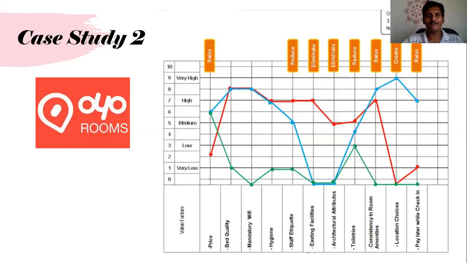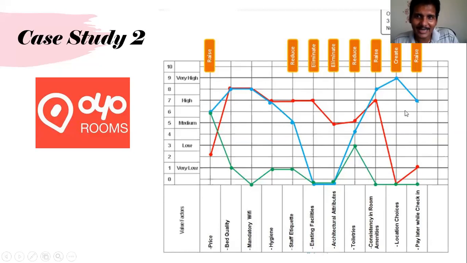The second case study we're going to see is Oyo Rooms. In the chart, the blue is Oyo Rooms, red is conventional three-star hotels, and green is non-star normal hotels. These are the different factors.